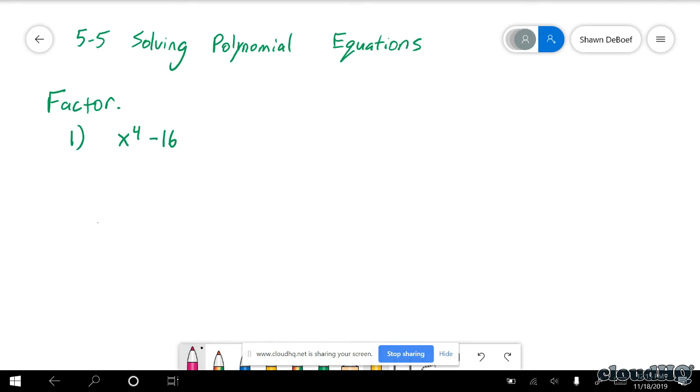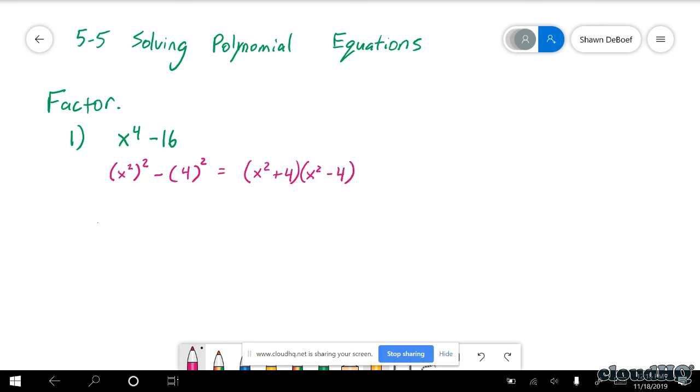We can think of this in the same way. x to the fourth is the square of, we work backwards, it's the same as x squared squared. 16 is the square of 4. So I can factor it according to difference of two squares. It'll be x squared plus 4 and x squared minus 4.